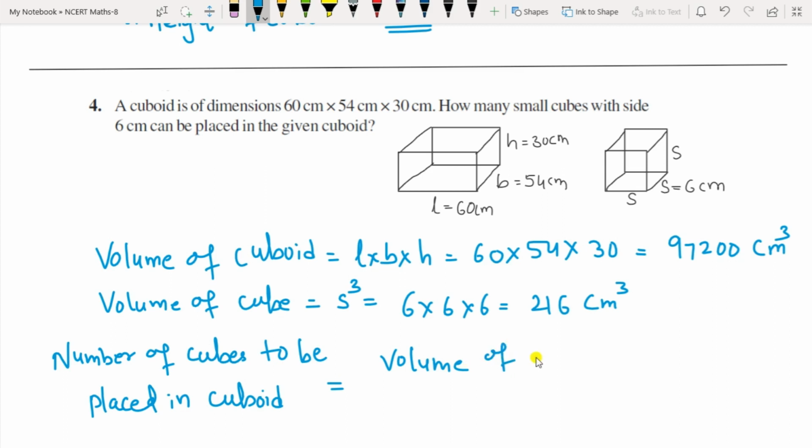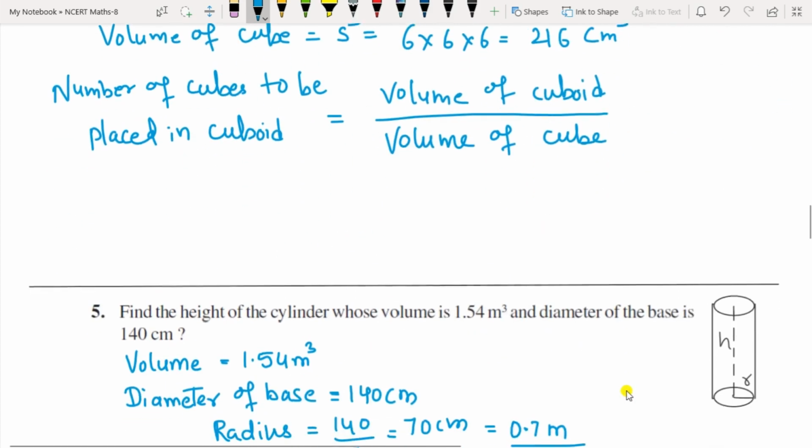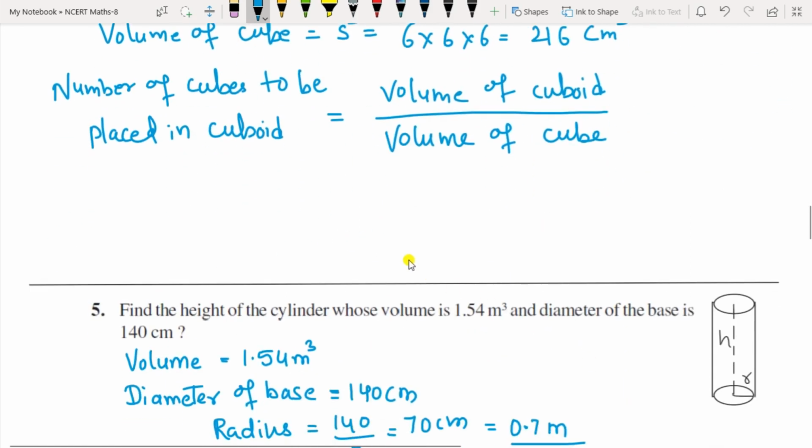Always the greater number or the greater factor will be in the numerator. Volume of cuboid upon volume of cube. So volume of cuboid is 97200 upon 216.